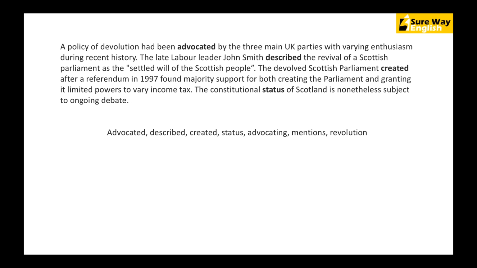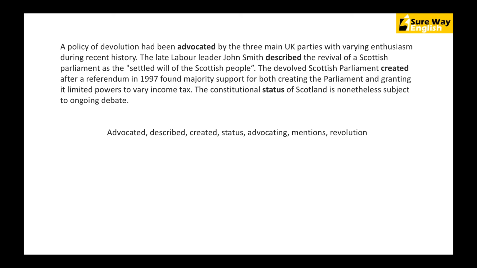The first one: a policy of devolution had been dash by the three main UK parties. So "by" means it's usually something done by the three main UK parties. And out of all these words, a policy of devolution had been advocated. Yes, that can be a word there.